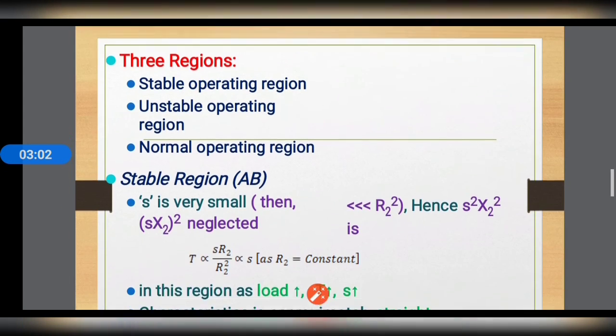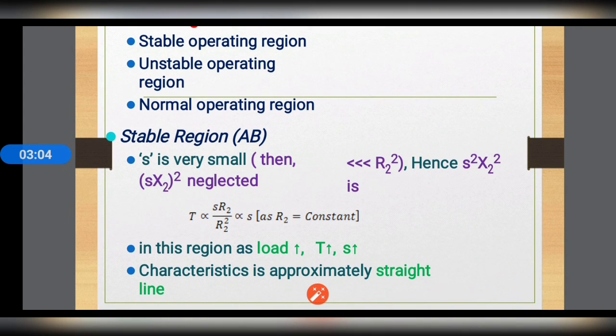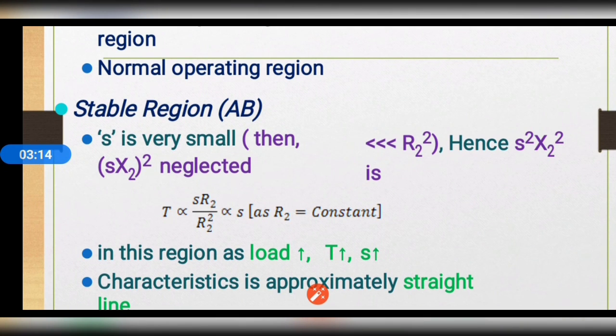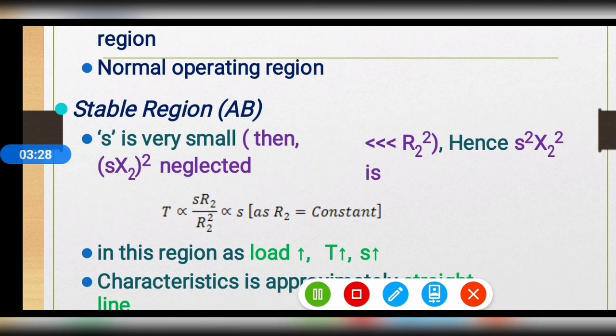So the equation of torque becomes s R2 upon R2 square. As R2 is constant, the torque is directly proportional to the slip, because sX2 square is very small in comparison to R2 square.